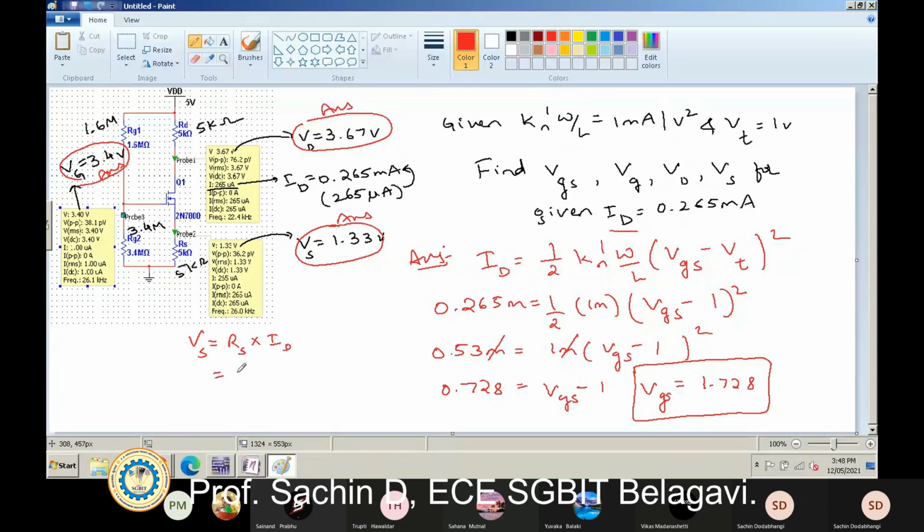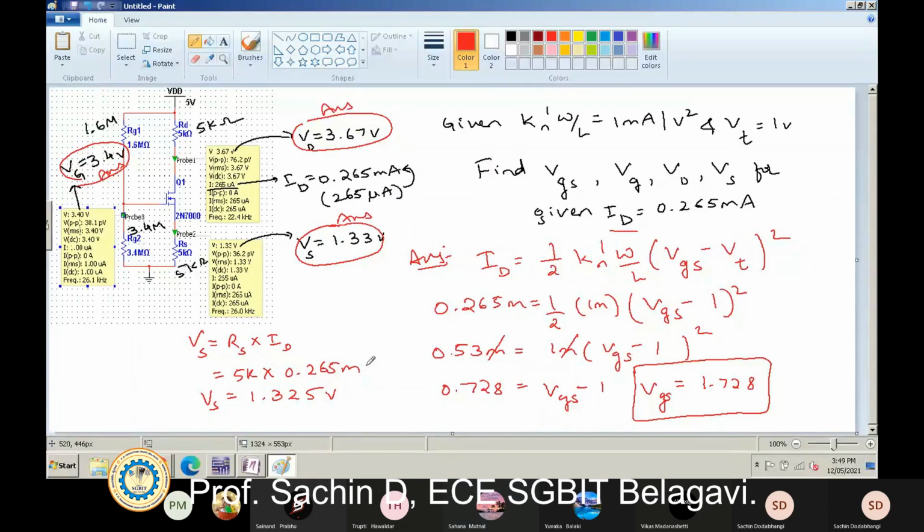RS is 5 kilo ohm and ID given is 0.265 milli. Milli and kilo will get cancelled. That is 1.325 VS. Are you getting the same answer? 1.325. Yes, sir.